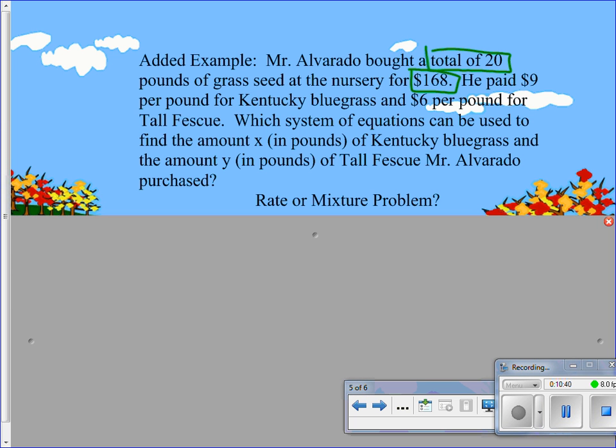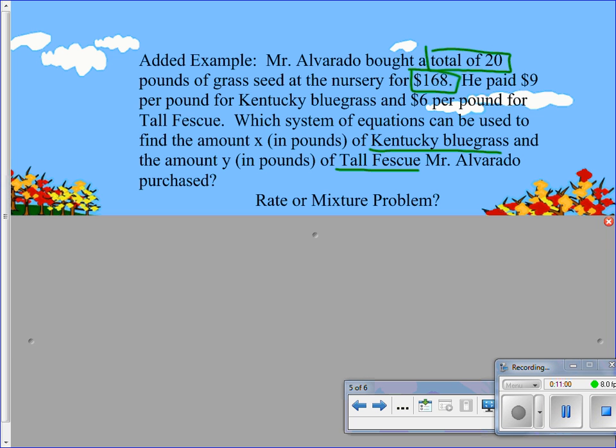He paid $9 per pound for the Kentucky bluegrass and $6 per pound for the tall fescue. We're going to find the amount of pounds of the Kentucky bluegrass and the amount of pounds of the tall fescue.